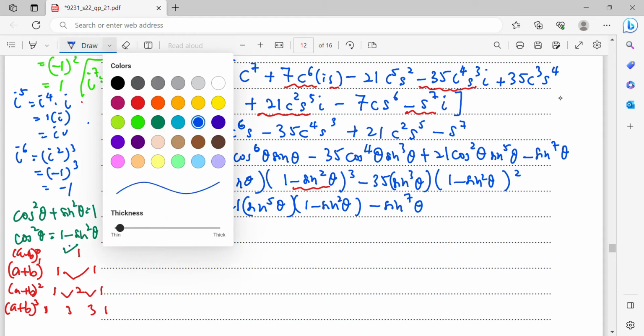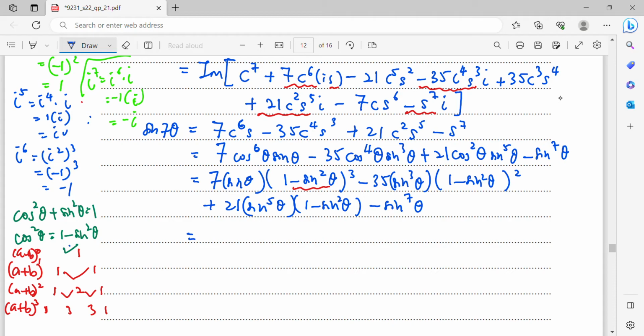Alright, so with this, I can easily get my expansion for cube of 1 minus sine squared theta. So I will get 7 sine theta, then it's going to be 1, because here is 1, it is degree 3, plus the coefficient is 3. So 1 squared, then minus sine squared theta.